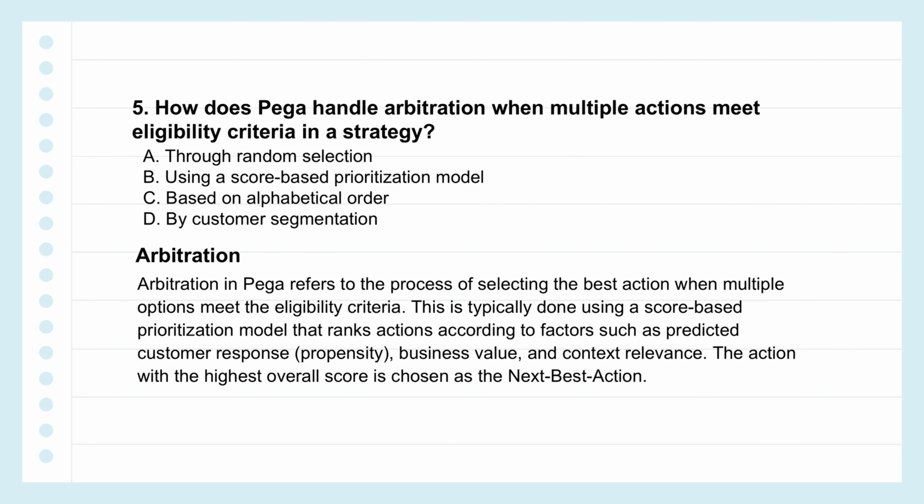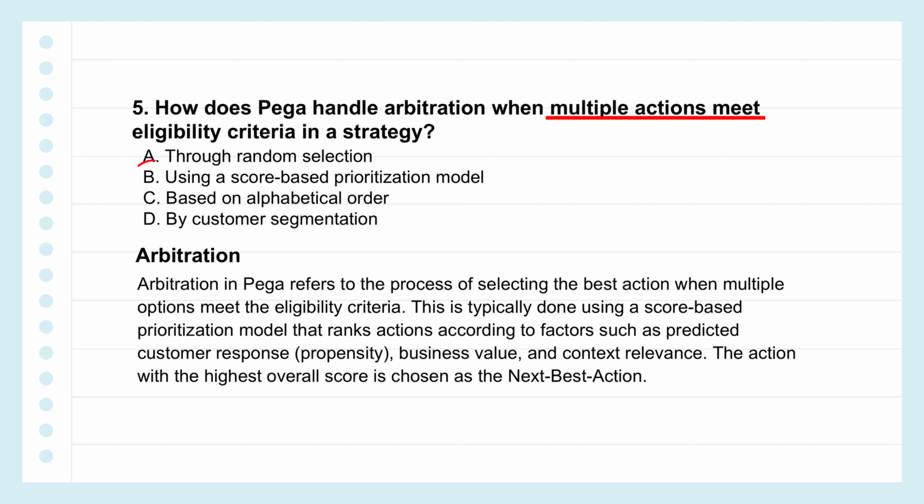Which brings us to the final piece mentioned, arbitration. When multiple offers make it through the policies and filters, how does Pega pick the winner? It mentions scoring. Right. Arbitration is the final decision step. When you have several potentially good actions left, Pega uses a model to assign a score to each one. A score based on what? It's usually a mix of things.